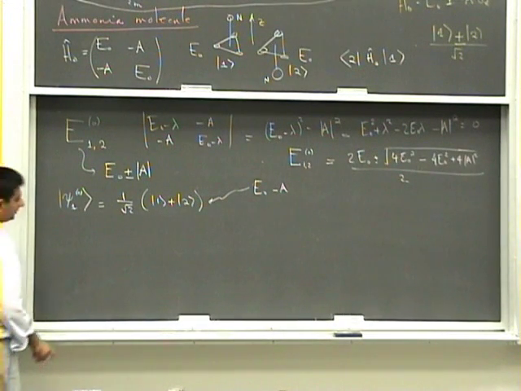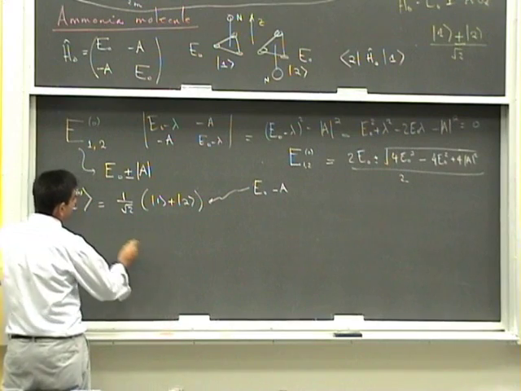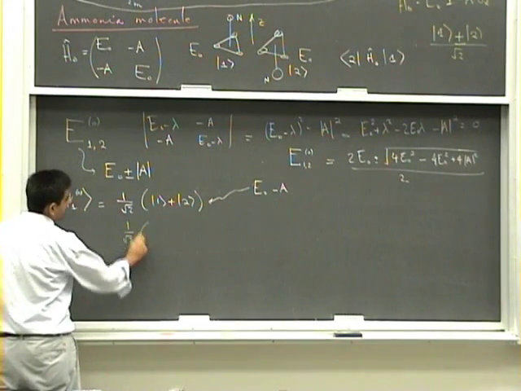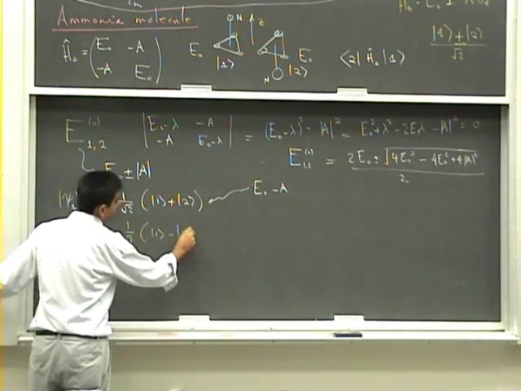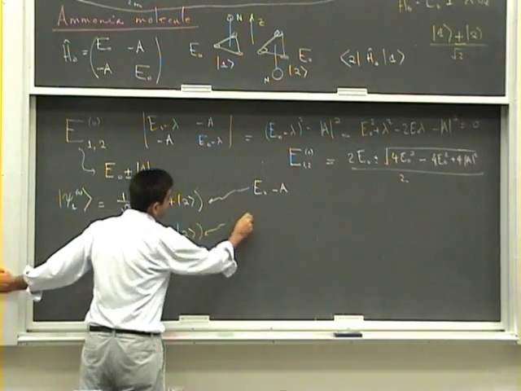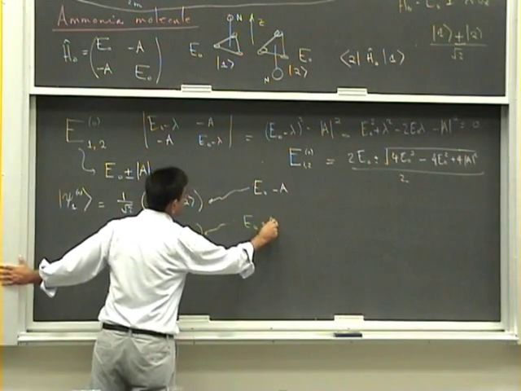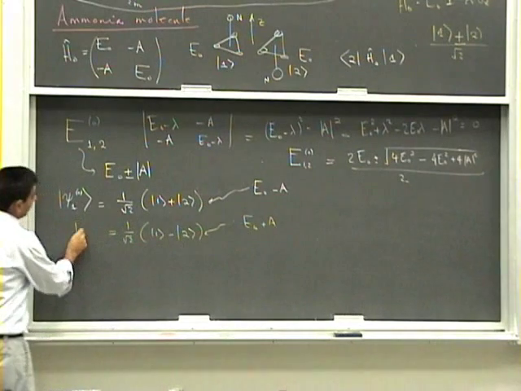And the other state is 1 over root 2 ket 1 minus ket 2, and its energy will be E naught plus a. This is psi.